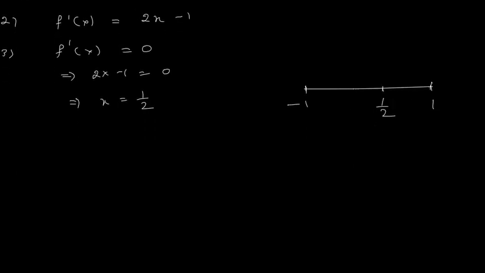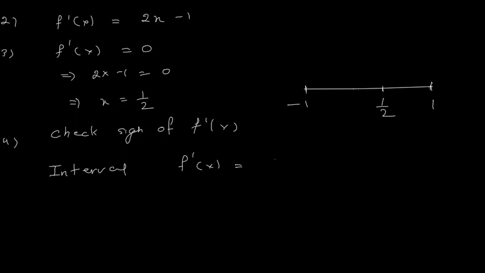So in the fourth step, what will we do? We will find the sign of f dash x. Check the sign of f dash x. For that I have the interval, the value of f dash x, which is 2x minus 1, and then the sign of f dash x.